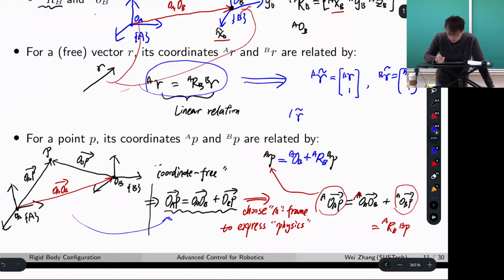then I cannot say R tilde A equals T_BA times R tilde B anymore. You see what I mean?